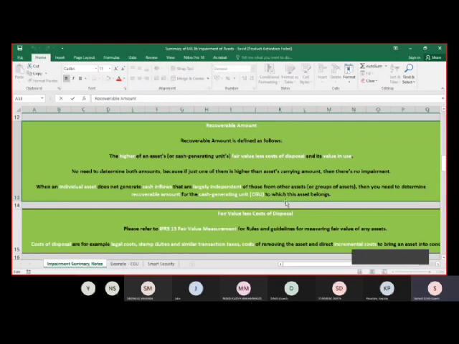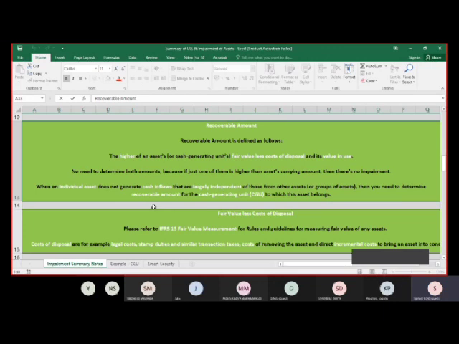What do they mean here by this statement when they are saying when an individual asset does not generate cash inflows? Because remember, if an individual asset does not generate cash inflows, how are you going to determine the value in use, for example? For you to determine the value in use, you need to be able to know the cash inflows and outflows.